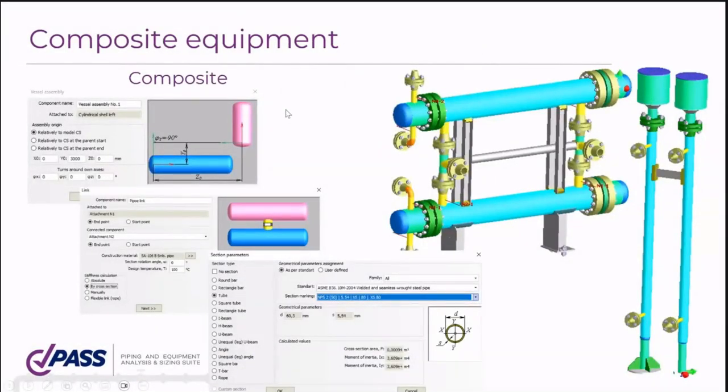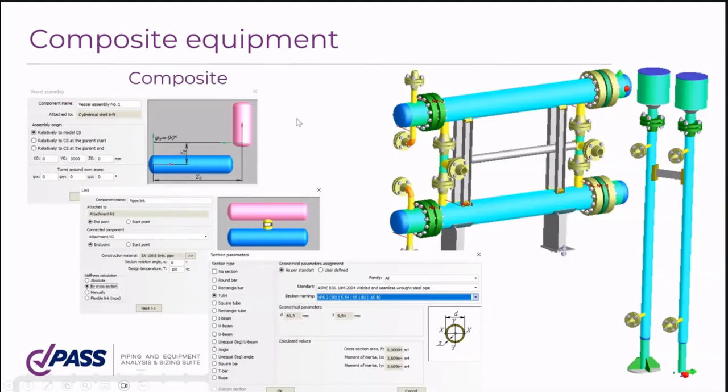Another very interesting, maybe unique feature of our software is composite, complex equipment. So this is equipment which consists of several connected standard equipment types like heat exchangers, for example. This is an example of double heat exchangers, and we have special elements in the model like links and connection points.